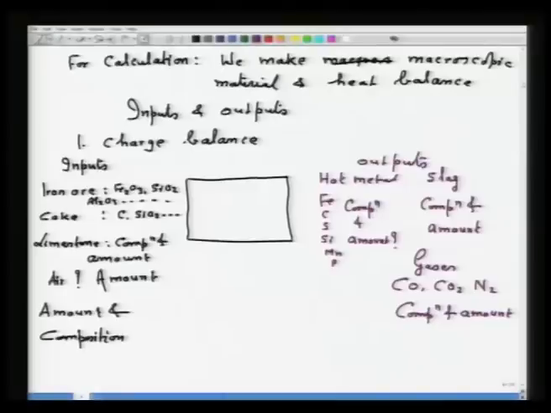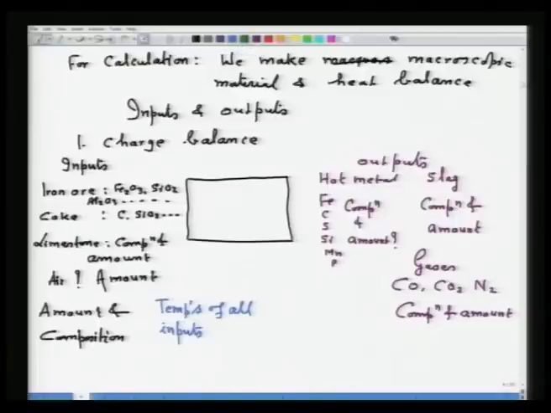Now, what can be done here? In order to calculate the macroscopic heat balance, in addition to the amount, the important thing is the temperature at which the inputs are made into the furnace and the temperature of discharge. So, when we want to do the heat balance, we should know the temperatures of all inputs: air, limestone, coke and iron ore.